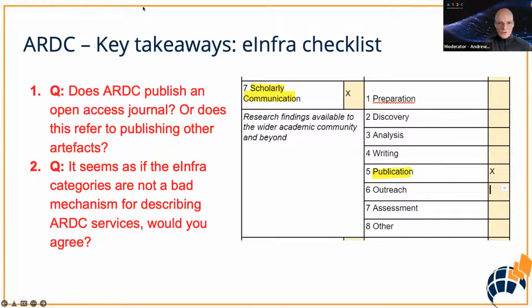Yeah, so these were quite high level categories, and I think I described us there as scholarly communications subcategory publication, but that's not great because we also do discovery, we also do analysis, we also do outreach. So it's broader than just that, and so I'll need to respond to those questions along those lines.